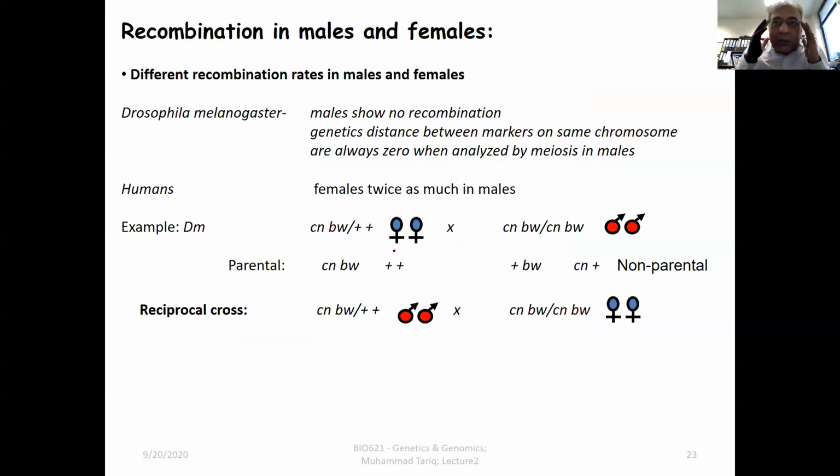When we don't get any recombinants, how do we know? Because the physical distance is based on the percent recombinants we receive. Then how do we map those genes? We will bring in another trait, for example, A, B, we will cross A with C, B with C, and we will know that A and B are on the same chromosome.